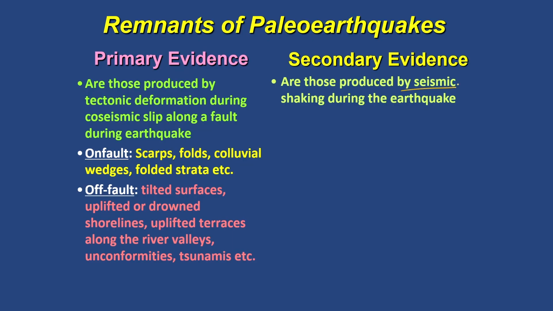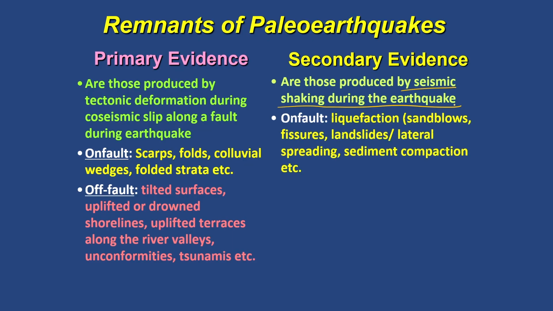But as per the definition, this is related to strong ground shaking, what we call seismic shaking during a particular earthquake. Because it is related to seismic shaking, it will be observed on fault as well as off fault. And this is mainly what we call liquefaction.